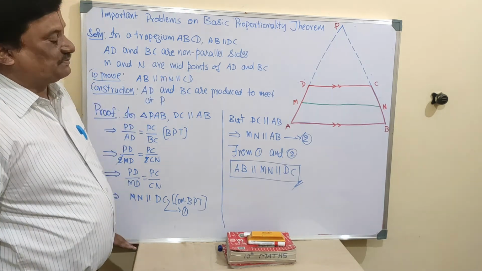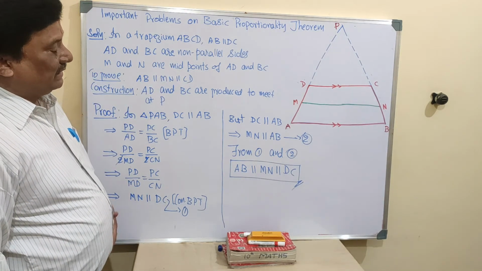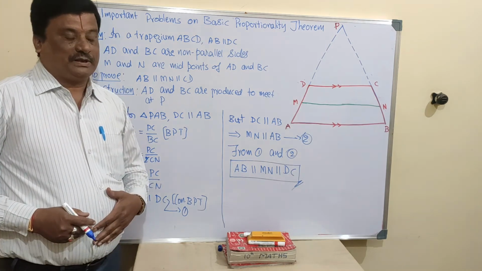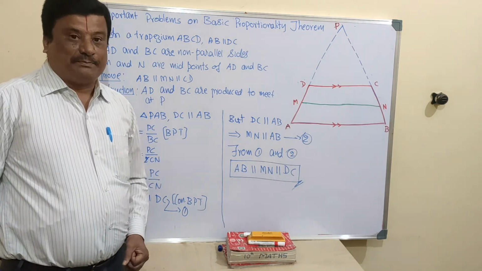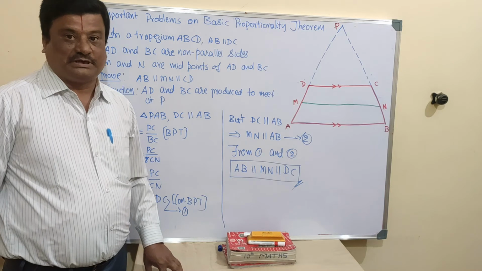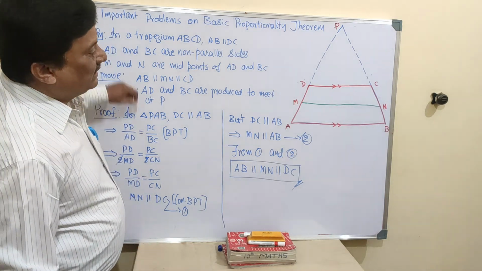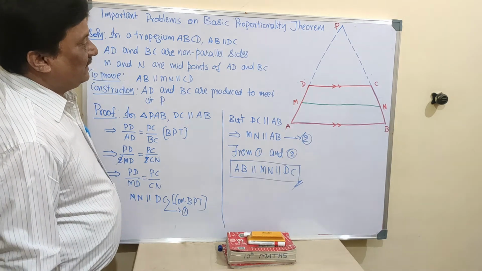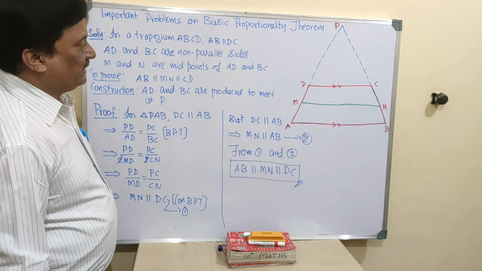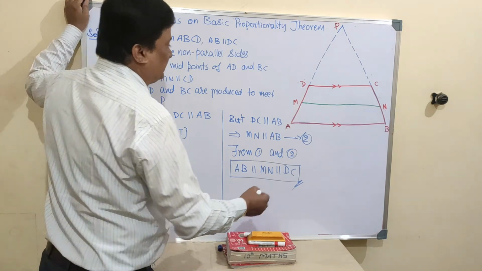So I will explain this problem once again. Here the problem is like this. The line joining the midpoints of non-parallel sides of a trapezium is parallel to the parallel sides. In a trapezium ABCD, DC is parallel to AB, and AD and BC are non-parallel sides.